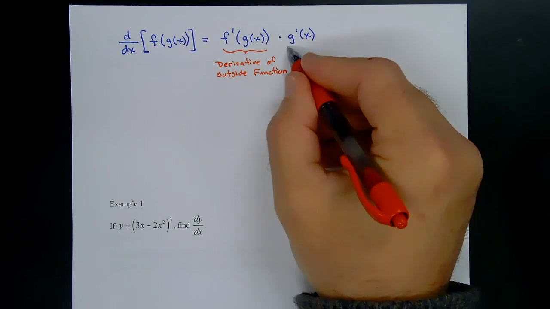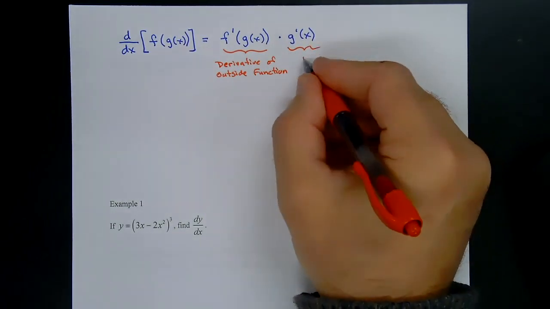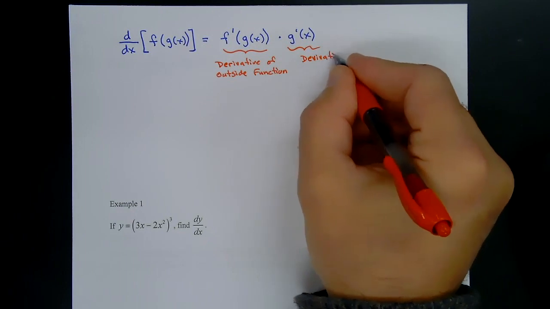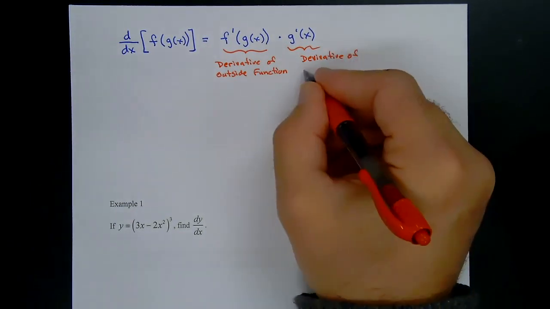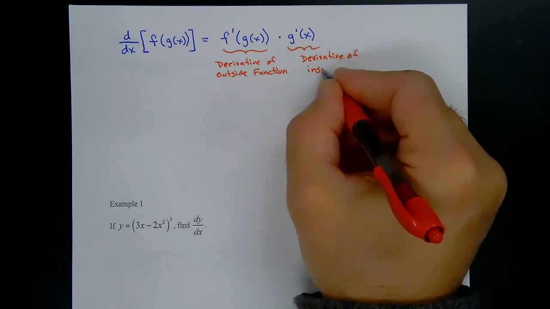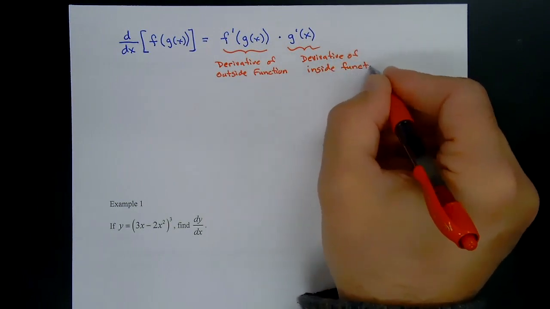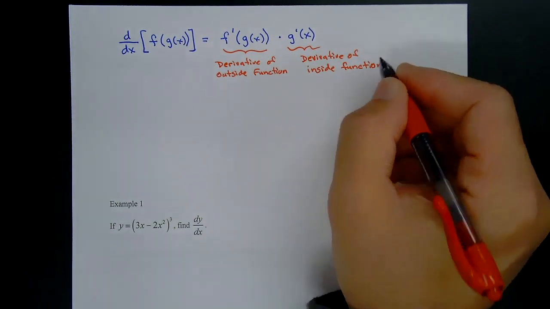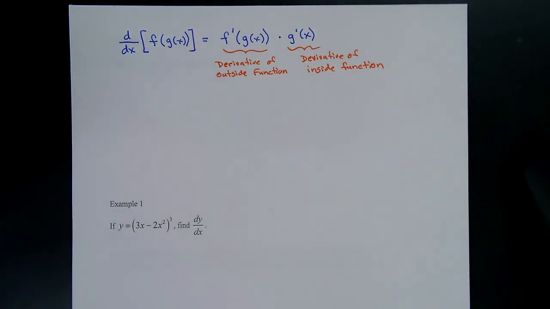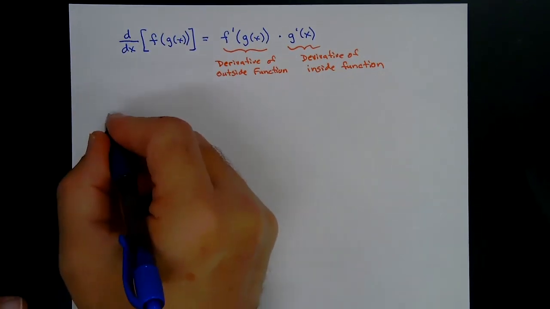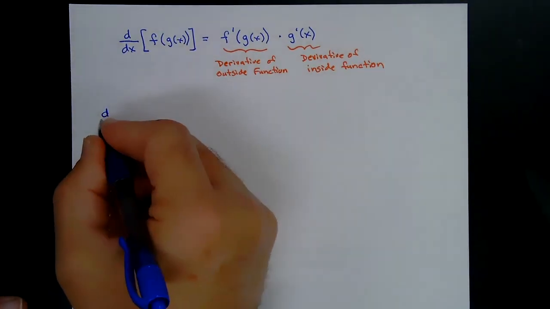And we're multiplying by the derivative of the inside function. All right. So here's a question for us. What if I have a triple composition?